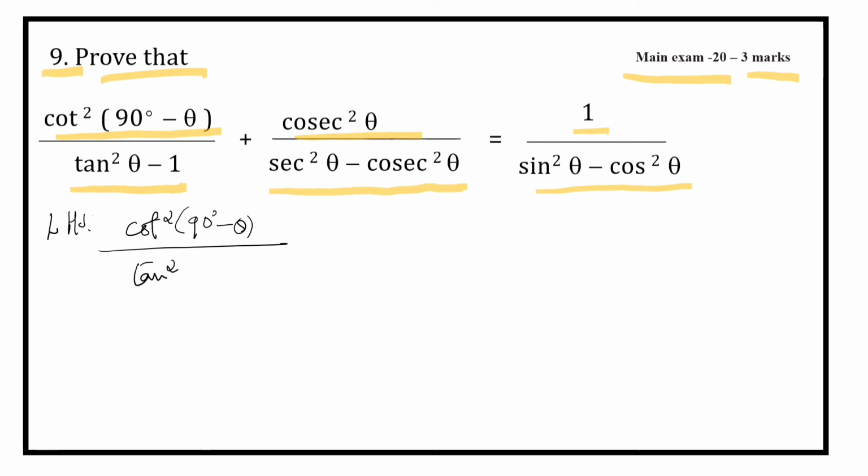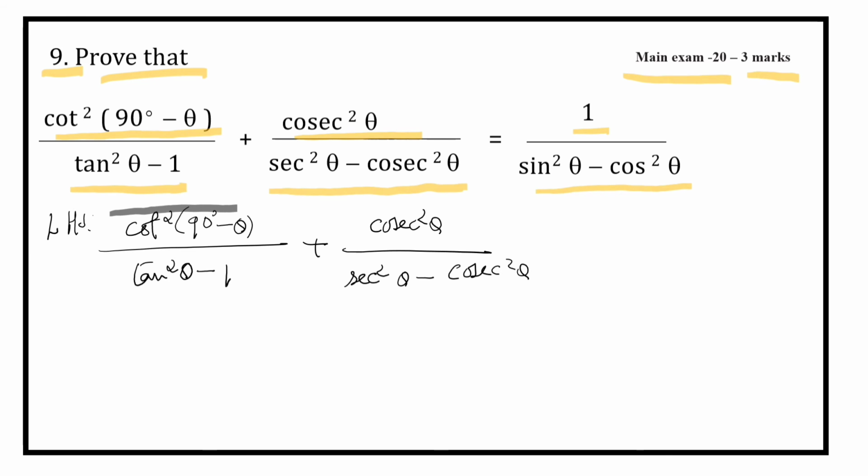Cot square 90 minus theta upon tan square theta minus 1 plus cosecant square theta upon secant square theta minus cosecant square theta. Here in this part we can change it as tan square 90 minus theta. Why?